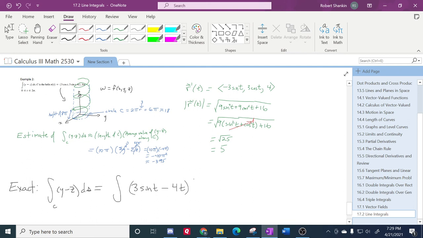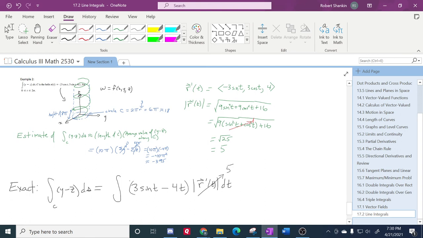And then this is the magnitude of r prime of t dt. But we just found that this was 5.